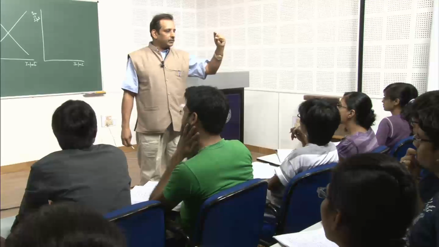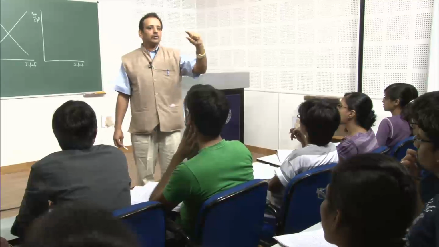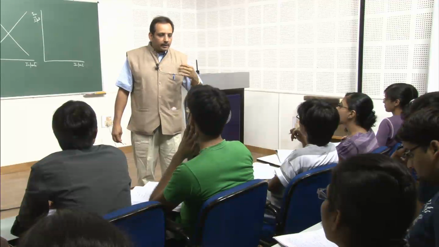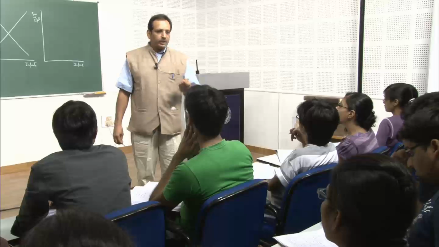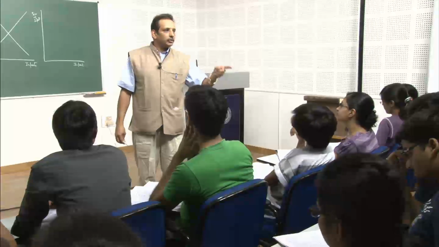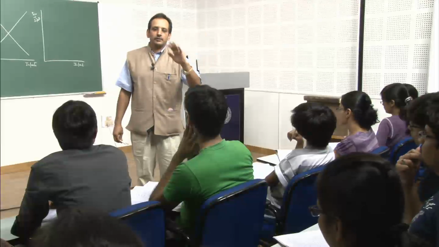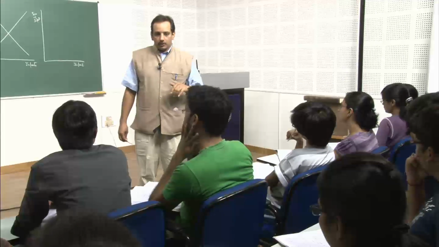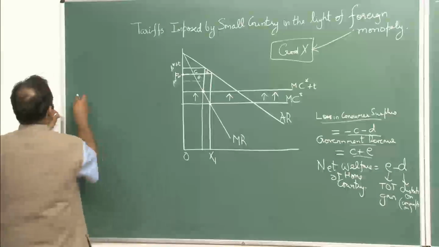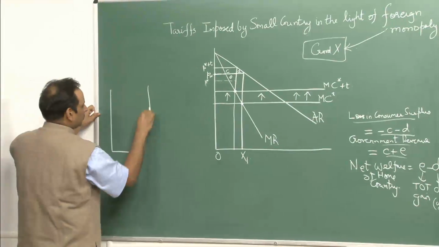He gets a price which is not inclusive of tariffs. That is how you would understand. And then another way of saying the same thing is that when he sees that the other country, the home country, imposes tariffs, he has to reduce the prices of that. Okay. Recall that diagram that I made for the large country.